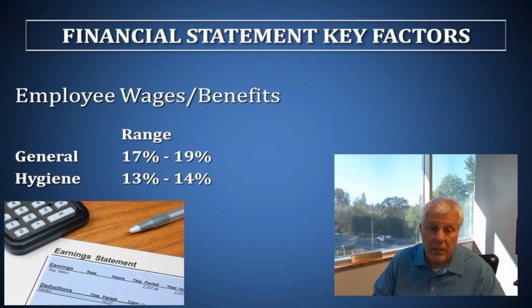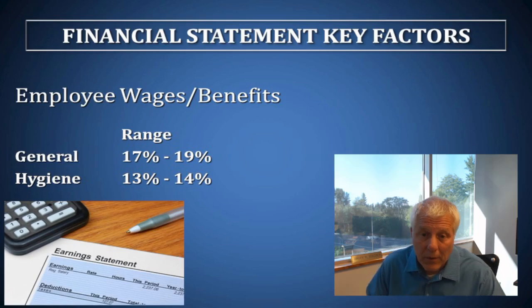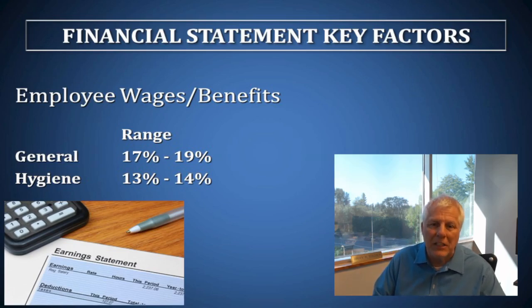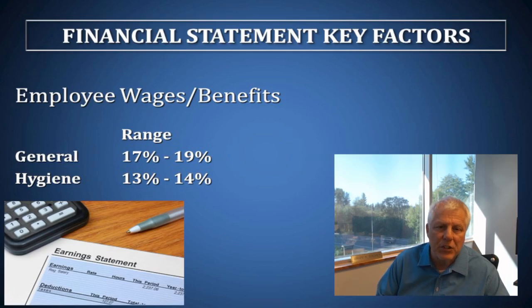We have hygiene up to 18, 19%, where practices have 50%, 45% of their production base from the hygiene department, and that's just fine. It's just math. So the 13 to 14% is usually about 30% of the production from the hygiene department.